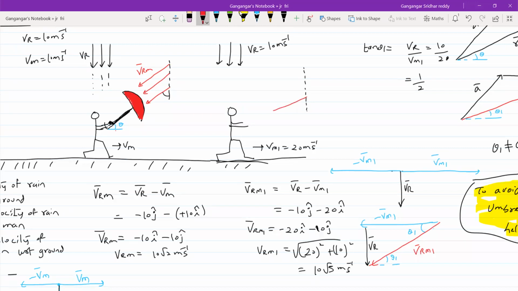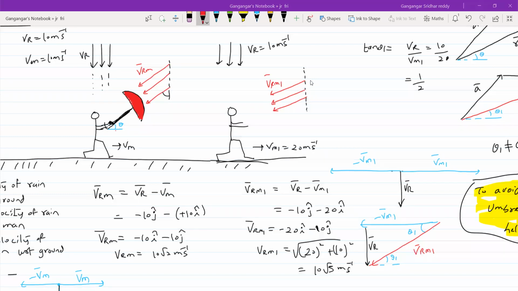Anybody, just give the value of theta 1. Sir, nearly 26. Yeah, 26 degrees.